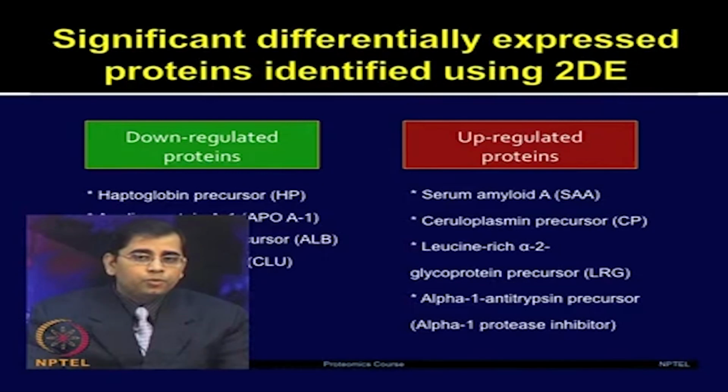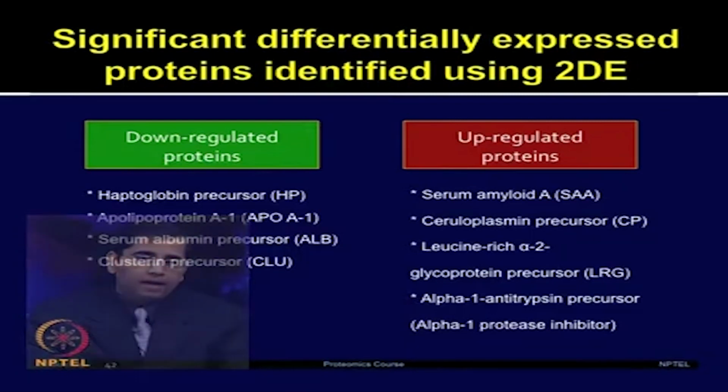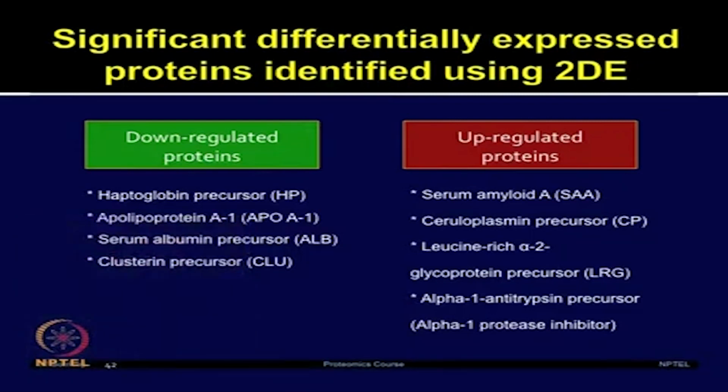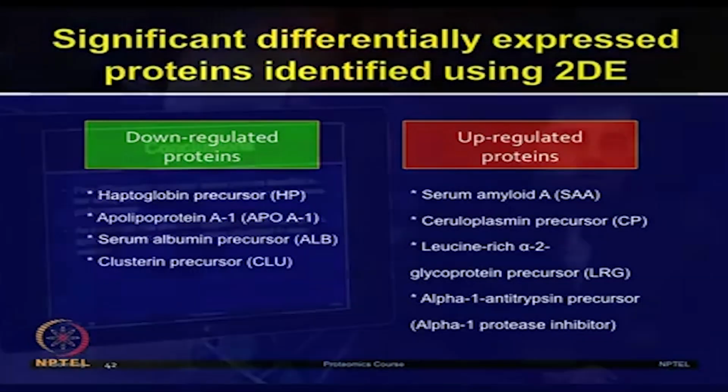And these are some of the proteins listed here, such as haptoglobin, apolipoprotein A1, serum albumin precursor and clusterin. These were down regulated, and serum amyloid A, ceruloplasmin precursor, leucine rich alpha 2 glycoprotein precursor and alpha 1 antitrypsin precursor. These proteins were upregulated among many other proteins.